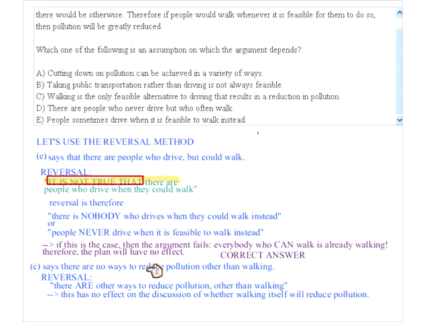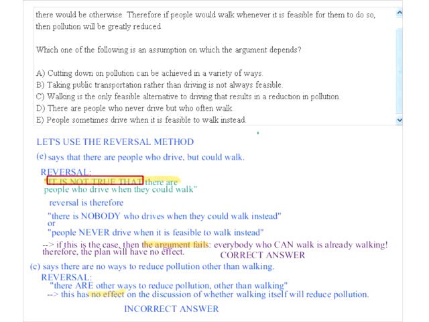If I have a drug that kills pain, and if you tell me there are 25 other drugs out there that also kill pain, that doesn't have a negative effect on my first claim. I mean, if my drug kills pain, it still does, even if there are 25 other ways to do it too. So this has no effect, so that's an incorrect answer. This one causes the argument to fail if you reverse it, so that's a correct answer. All right, let me see faces here.